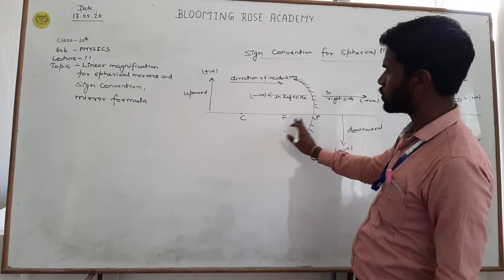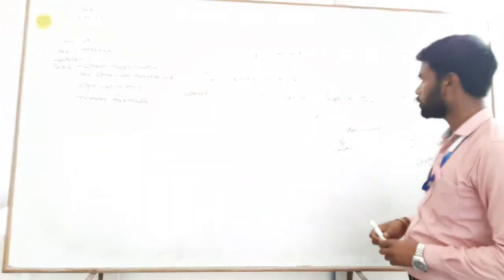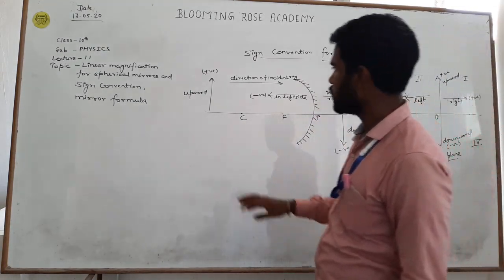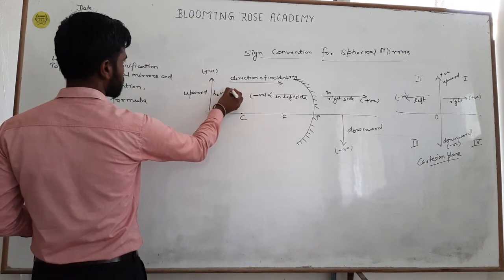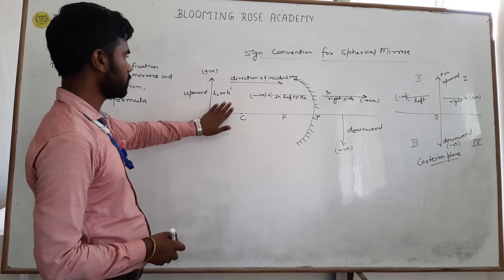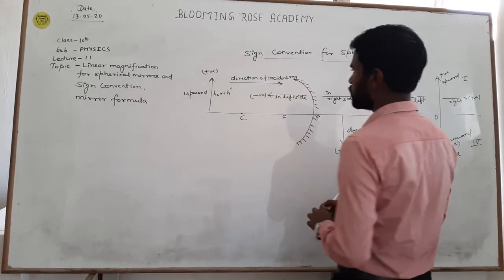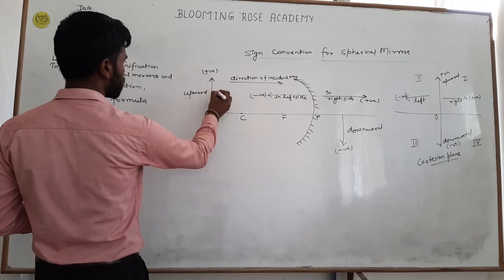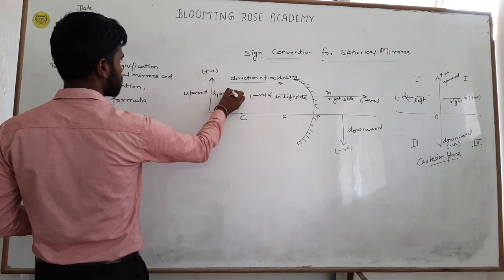So when we draw a ray diagram, upward we get h2 or h dash, the height of image, which is positive here, and the height of object is taken first, h1 or h.